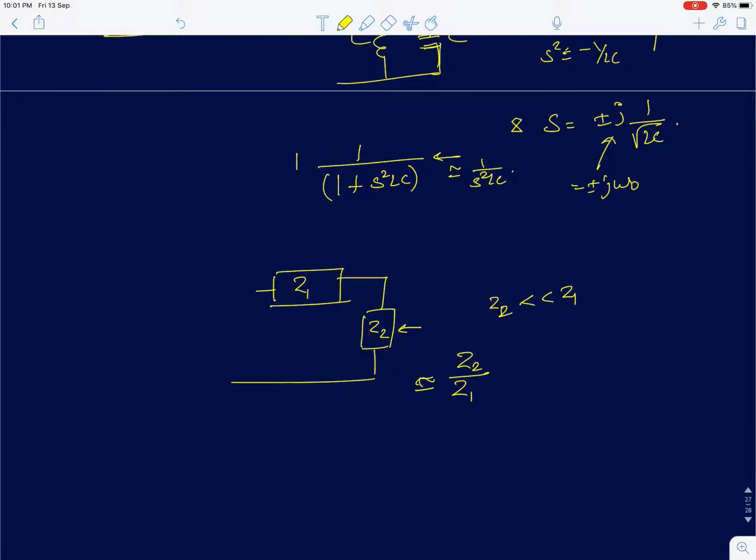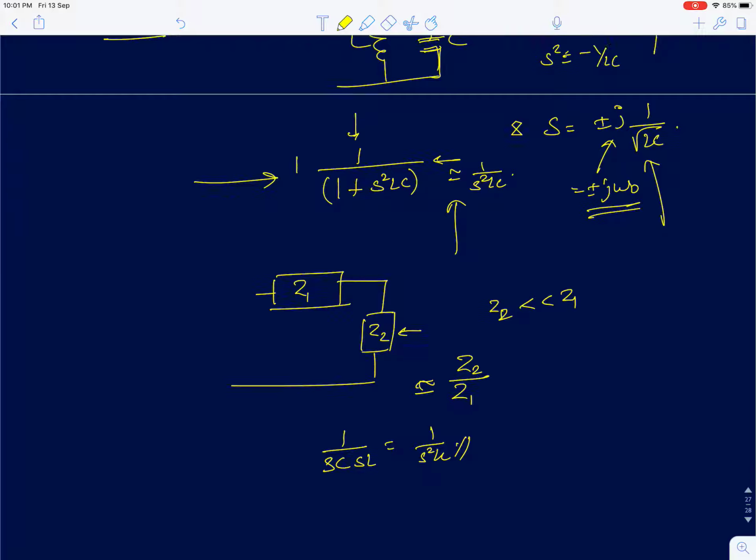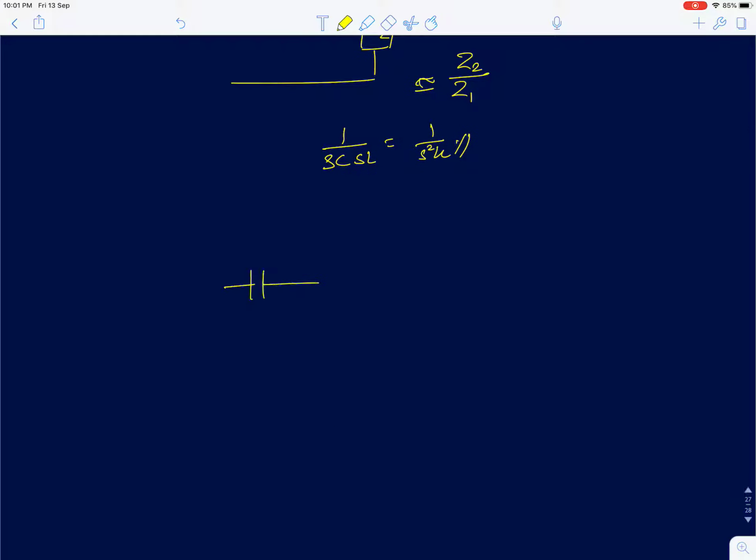In this case Z2 is a capacitor, so it is 1 by sC, and Z1 is an inductor, so it is sL, giving 1 by s square LC. So it matches with this, and the DC gain of this is again 1, so both are met, and the circuit doesn't have any zero. We also saw that the pole is a purely imaginary complex pole. This is the transfer function, shown here. Now similarly, we'll do it for the other circuit.